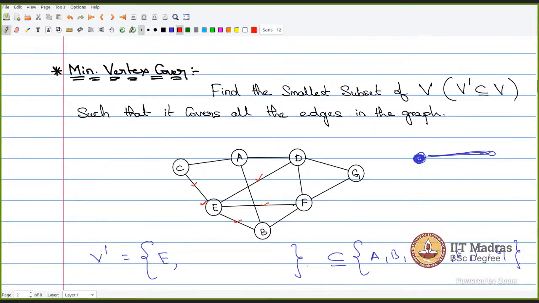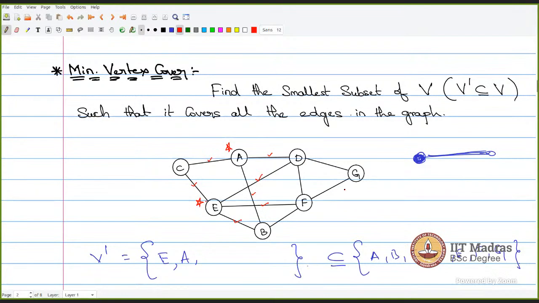So now choose A. Once I choose A, this edge is covered, this edge is covered, and this edge is covered. Now again I am left with this edge, this edge, this edge, and this edge. 4 edges need to be covered.